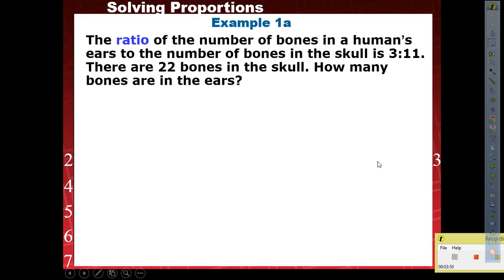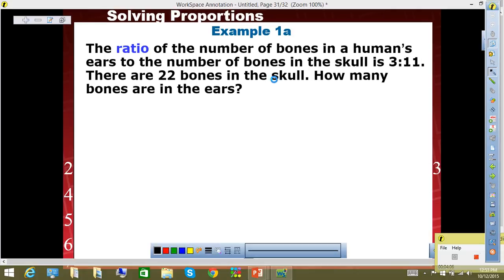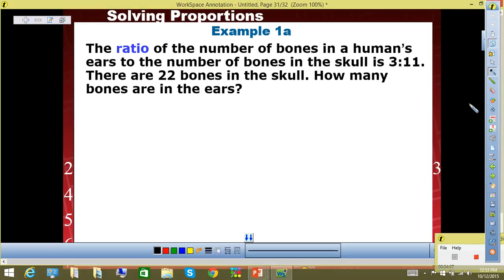Example 1A. It says, the ratio of the number of bones in a human's ears to the number of bones in the skull is 3 to 11. There are 22 bones in a skull. On that one, instead of writing the skull, I want you to write a skull.